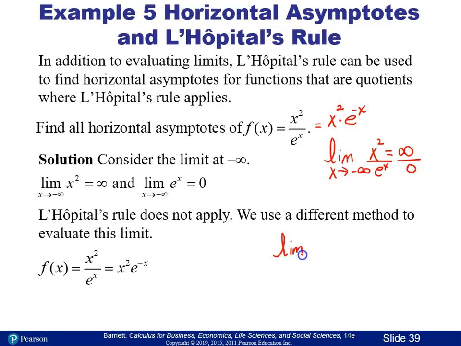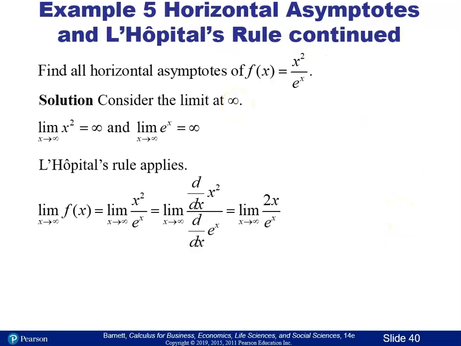If I'm looking at the limit as x goes to negative infinity of x squared e to the negative x, putting in negative infinity, the two negatives will cancel out, so this is going to be positive infinity.